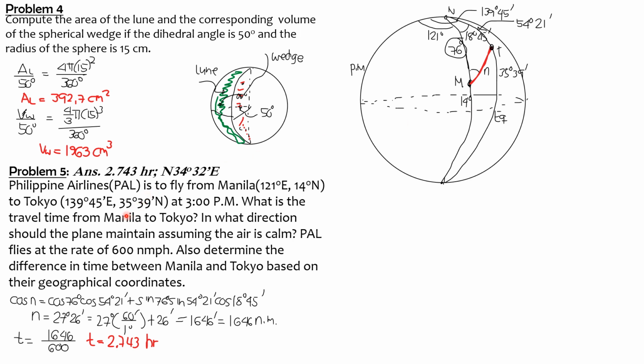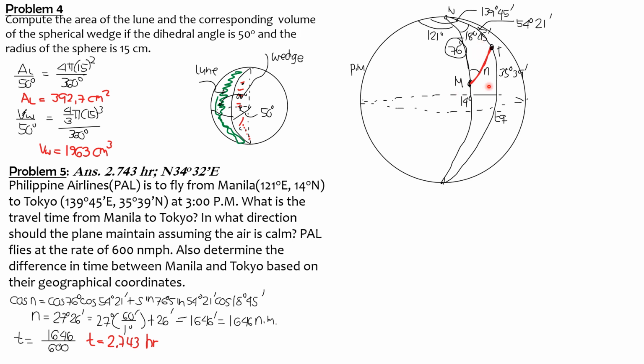Likewise, in Tokyo, the latitude is 35 degrees 39 minutes. This is the meridian through Tokyo, Japan. Its longitude is 139 degrees 45 minutes. So this angle is 139 degrees 45 minutes minus 121 degrees, so that's 18 degrees 45 minutes.